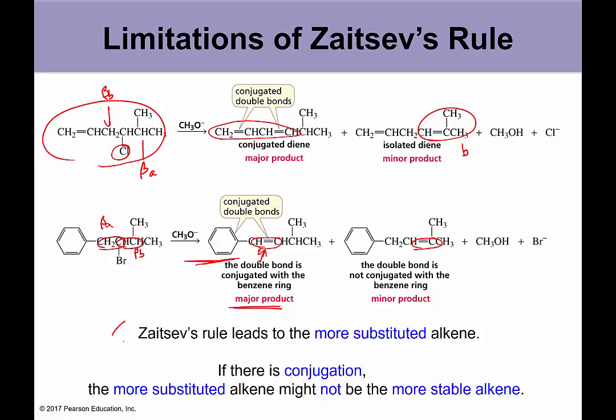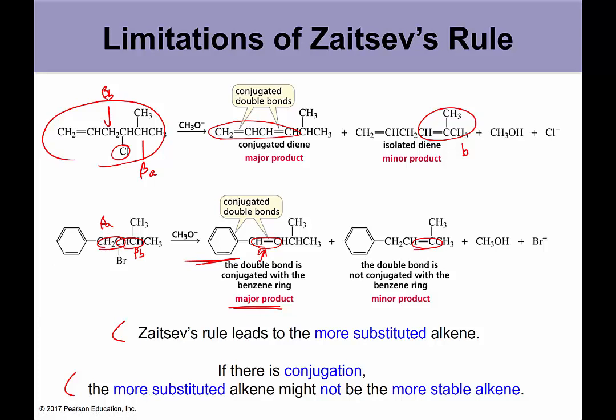So Zaitsev rule leads to more substituted alkenes, but actually what's more important is that if there's conjugation, generally speaking, the more stable alkene is the one that you get. Okay? So more substituted might not be the more stable alkene, so you have to look for the more stable alkene, and that's what is the overriding factor in Zaitsev's rule.